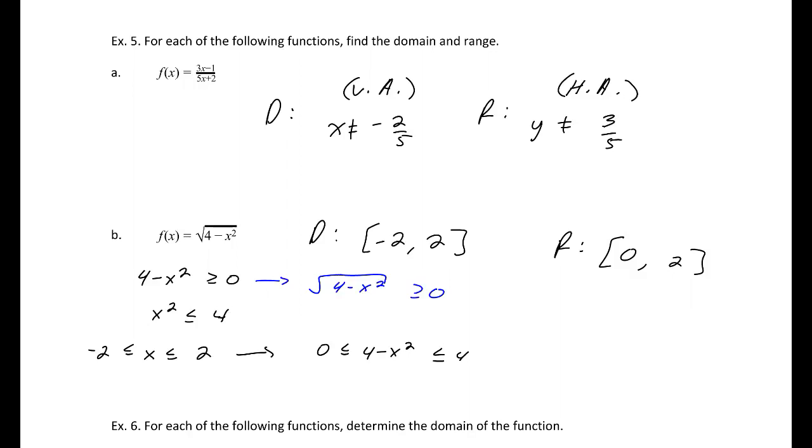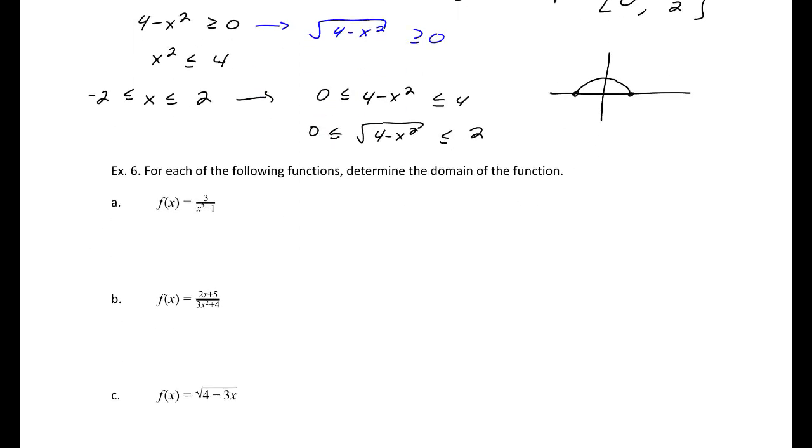So squaring both sides, and then taking the negative, and then adding the 4, that's going to be less than or equal to 4, which means that the square root of 4 minus x squared is less than or equal to 2. So we're really using a lot of the same information there. So our range is between 0 and 2. In fact, this function looks like this. There's negative 2 and 2. It is actually a semicircle.